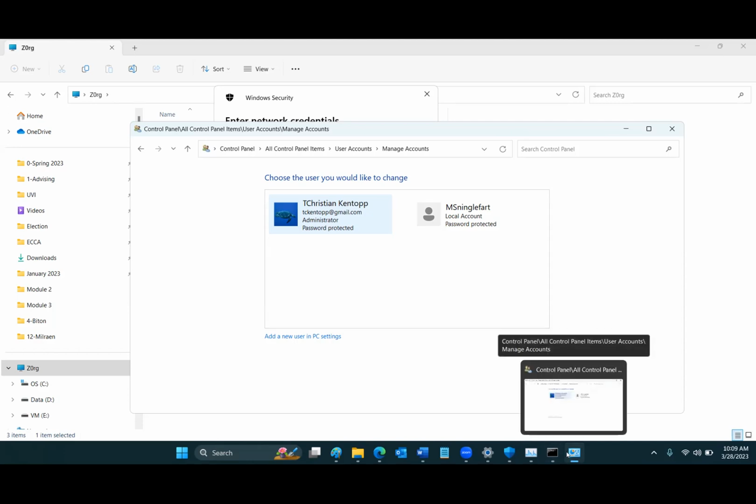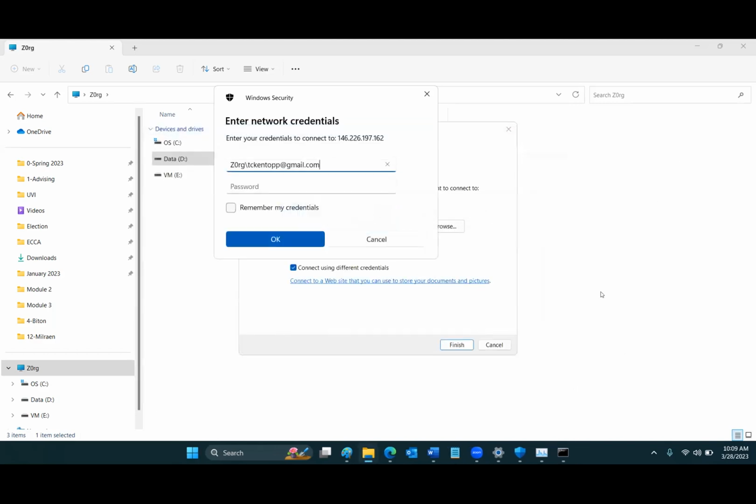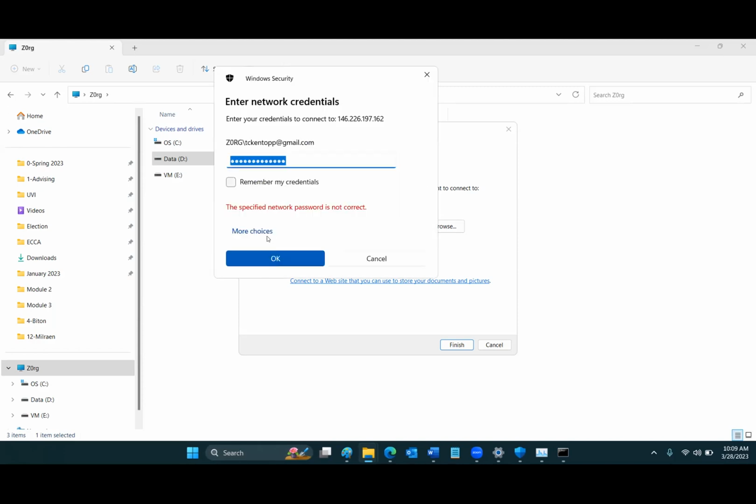And that's the irritating part about what's happened in the last few years: third-party accounts can actually be local accounts. So I'm going to put in my password. Again, let's pretend that I have a rogue privileged account in a domain environment. Okay, the specified network password is not correct.